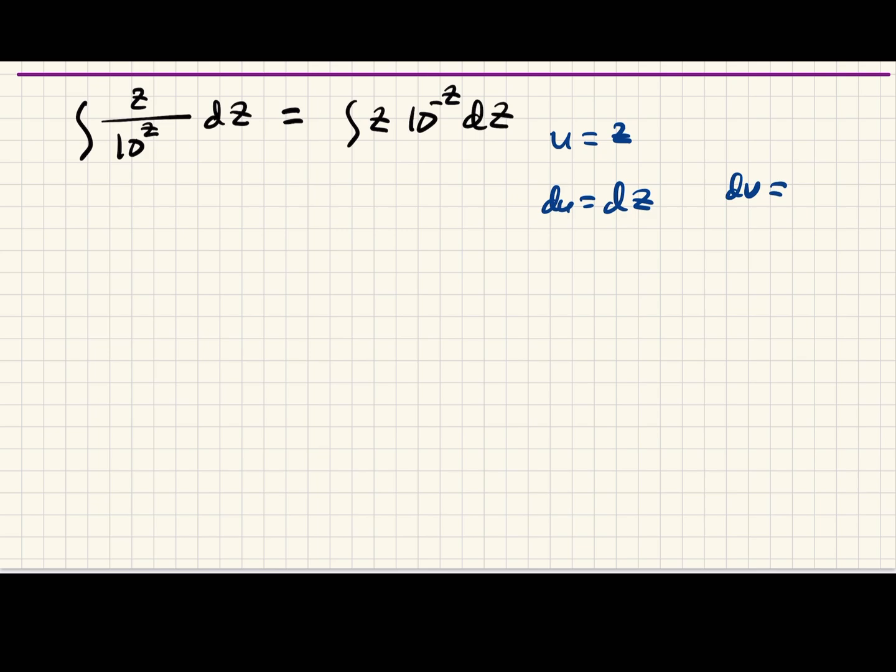Okay, but what about 10 to the minus z dz? If I let that be dv, what's the integral of 10 to the minus z dz? 10 times the natural log of the absolute value. Is that right? Well, there's a natural log there.